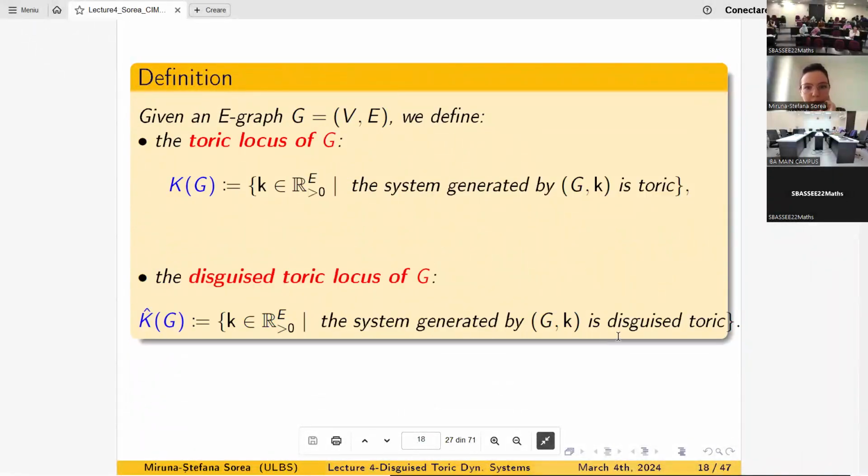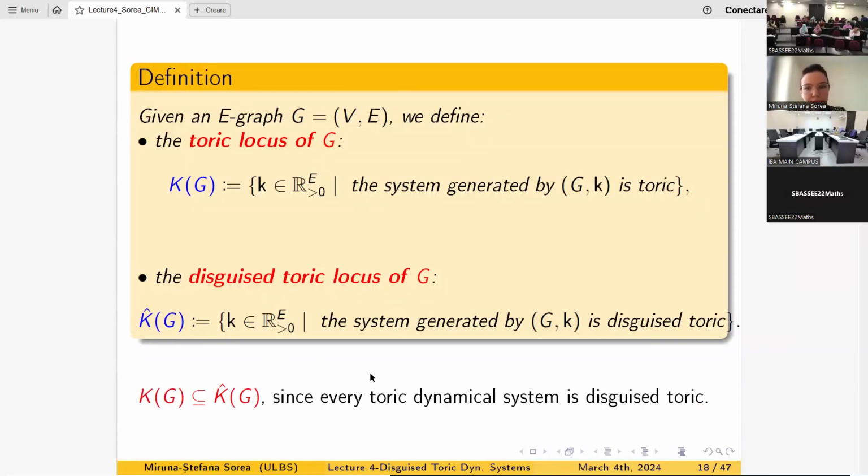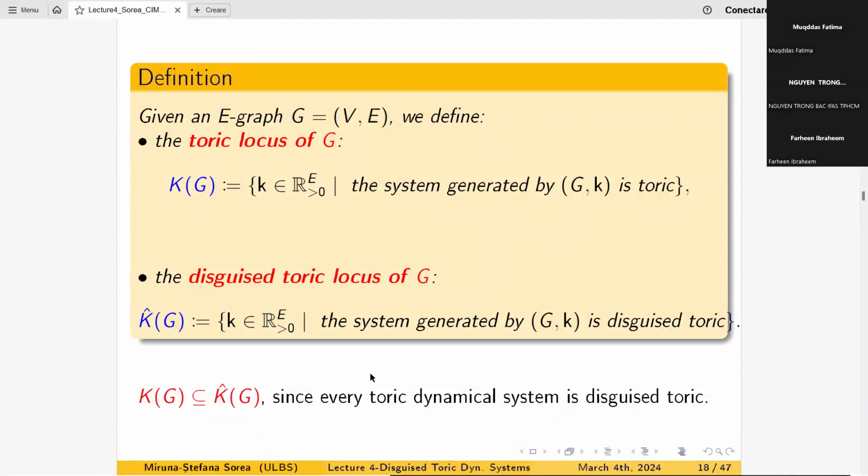So keep in mind, we say K hat of G, and we find it using some other graphs. Of course, the toric locus is included in the disguised toric locus, via a realization precisely by the graph G. For the toric locus, we know already that it has a realization precisely by G, the graph we start with.